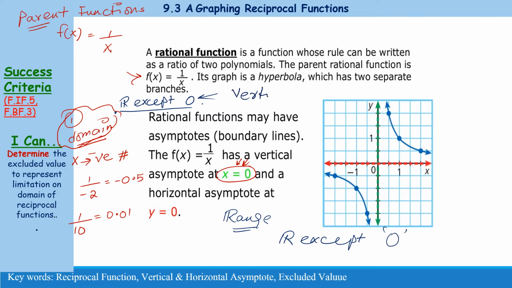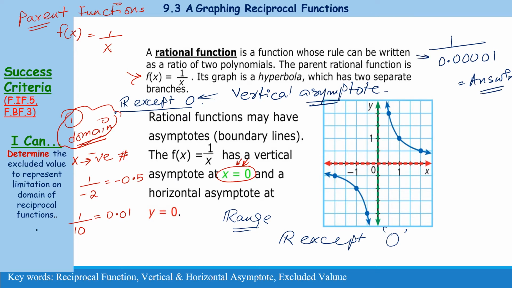Now at this 0, which makes the function undefined, when x equals 0, you will get a vertical asymptote. What is meant by vertical asymptote? If you replace x by a very small number close to 0, for example 0.0000001, you will get an answer. Any number you put, even very close to 0, you will get the answer.